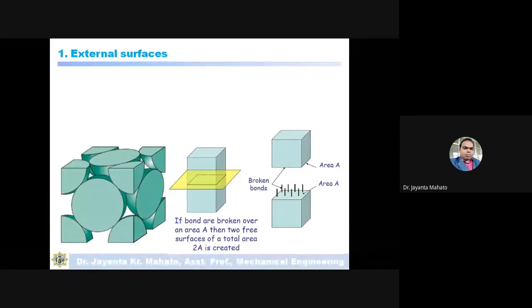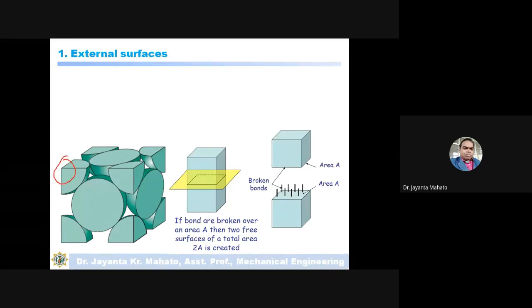The energy of this surface atom: its neighbor atoms are fewer compared to the corner atom. So the bonding energy of these surface atoms with the neighbor atoms is less compared to the corner atoms.